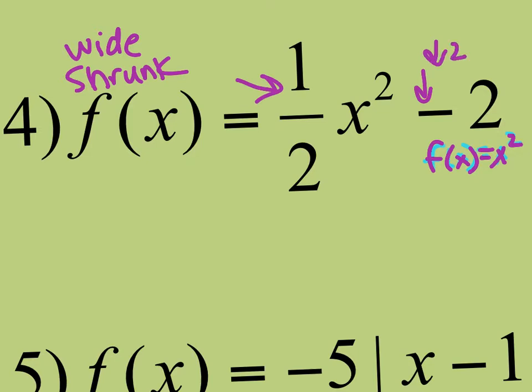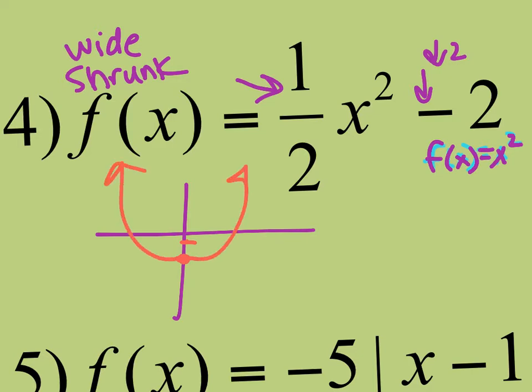So I'm going down 2, plot a point, and then I would make it wider than my normal parabola. And I would write wide, or I would write shrunk. Something to indicate that that is not my standard shape. Domain, negative infinity to positive infinity. Range, negative 2 to positive infinity.